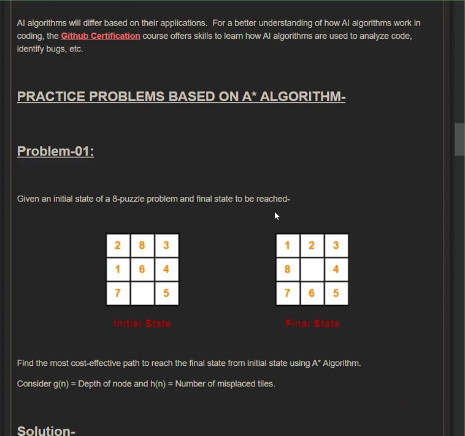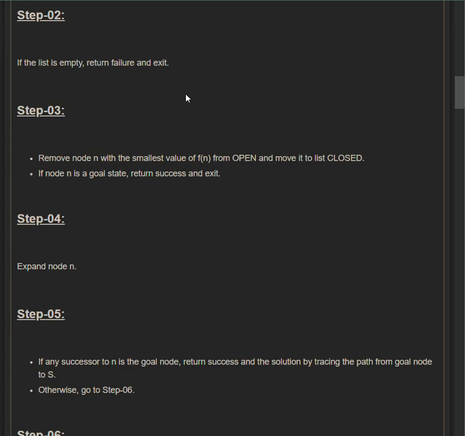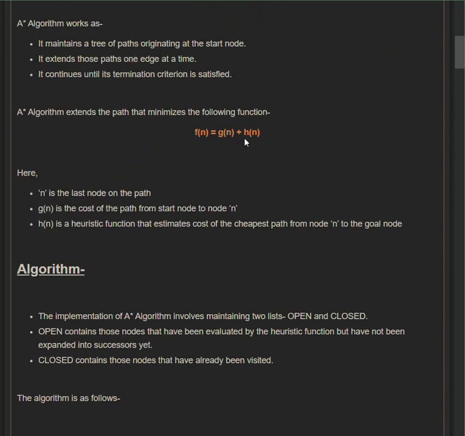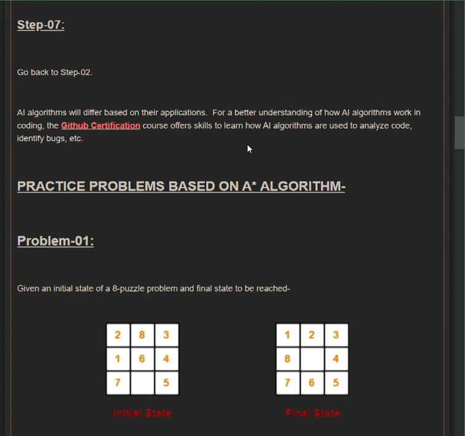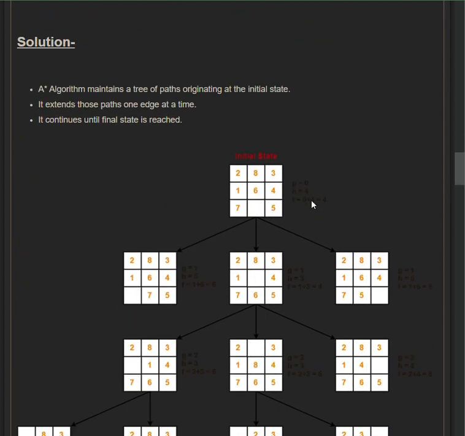The formula says g of n plus h of n. So we put in the values into that and we arrive at a value of 4.